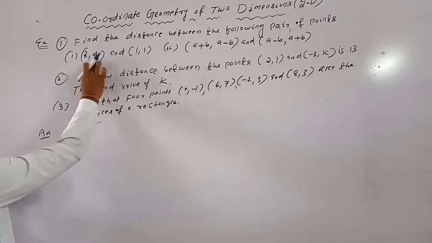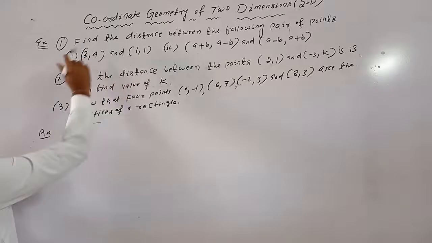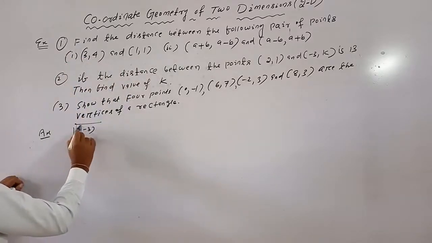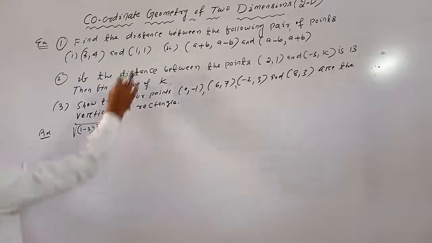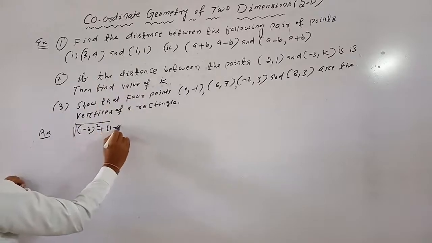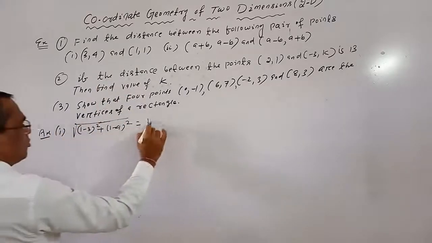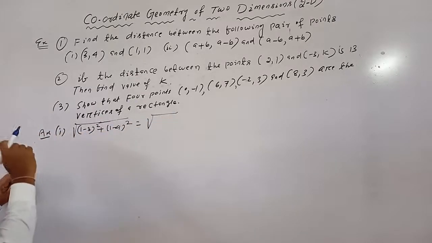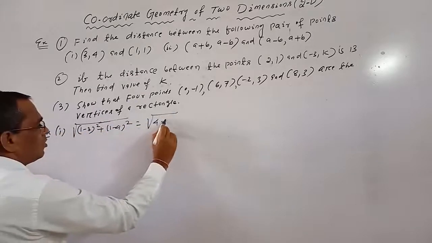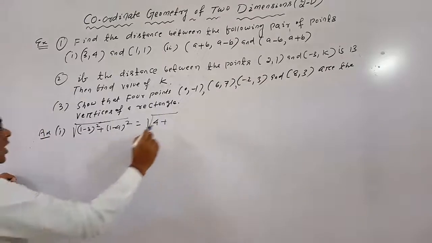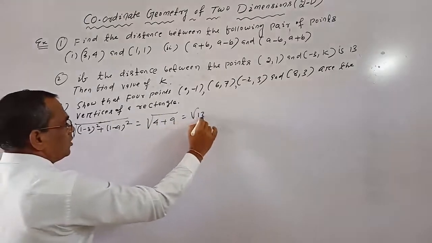This one is (x1, y1), this is (x2, y2). So (1 minus 3) squared plus (1 minus 4) squared, equal to the square root of (minus 2) squared, which is 4, plus (minus 3) squared, which is 9, so root 13.